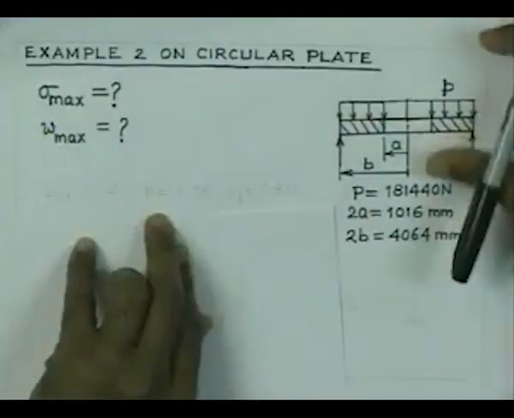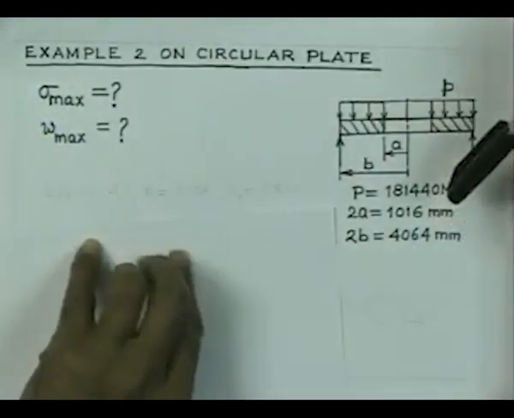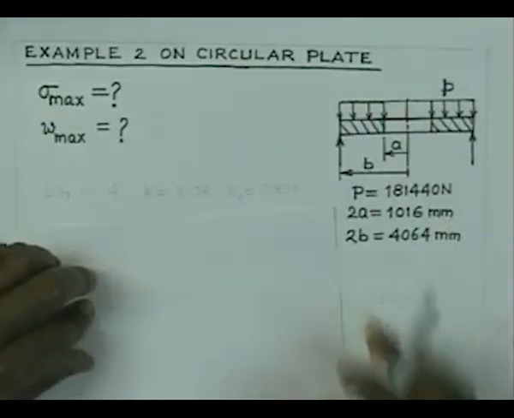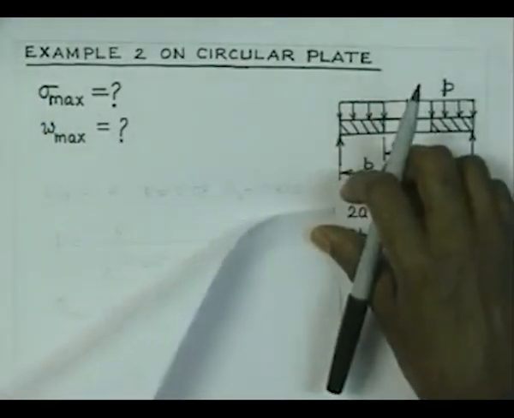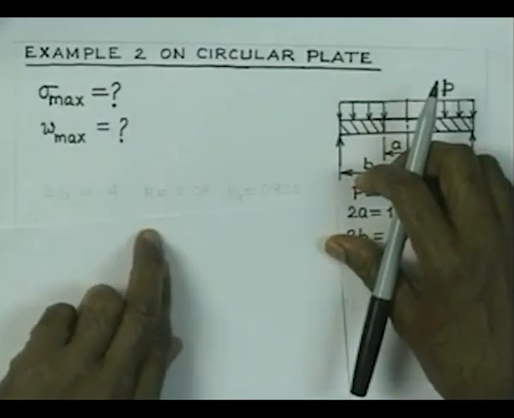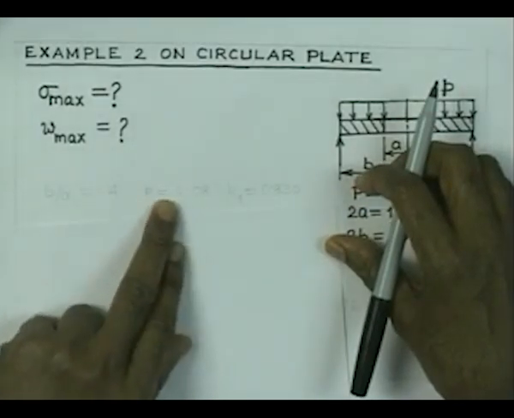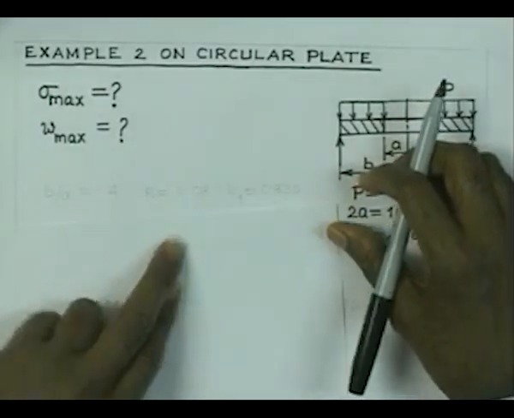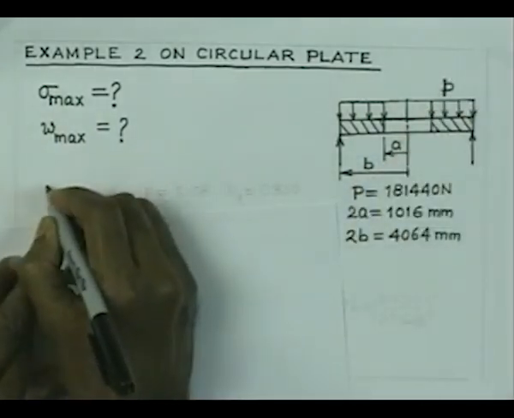So, if we have the ratio B by A, in this case is 4, then the constants which are associated with the calculation of the stress and deflection. So, this is the constant which is associated with the calculation of stress.